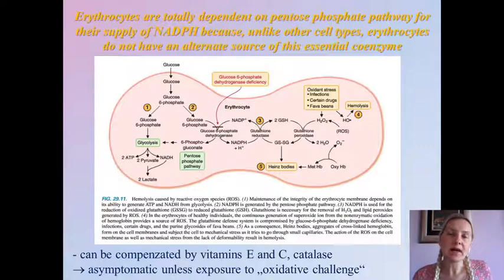I'm going to get back to the fact that erythrocytes are totally dependent on the pentose phosphate pathway for their supply of NADPH, because unlike other cell types, erythrocytes do not have any of those previously mentioned alternative sources of this essential coenzyme.